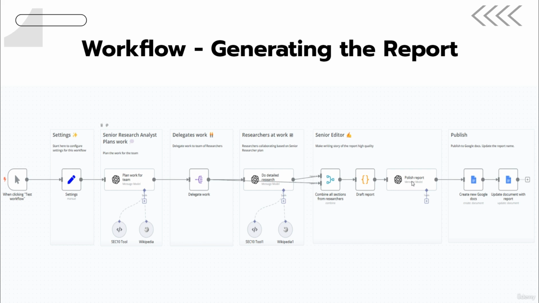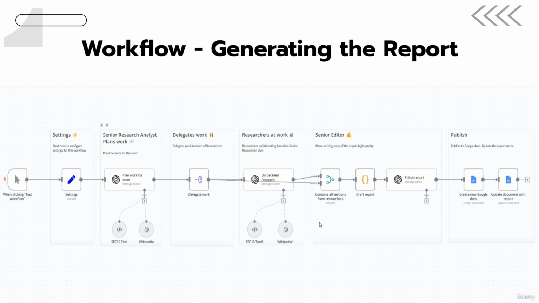Each of the research analysts will then also use the SEC 10K tool that understands how to answer questions and provide information for that specific company, and then returns it back to the research agent.